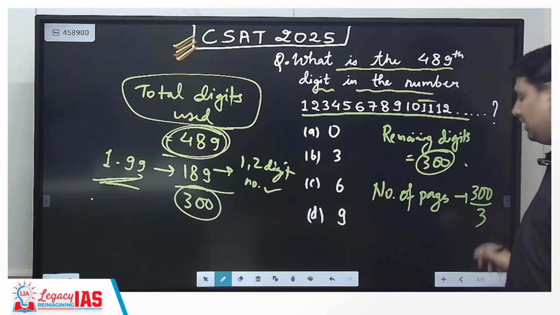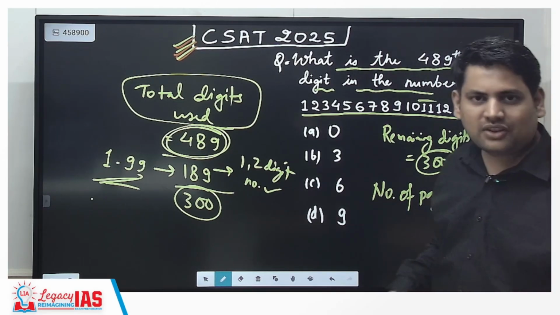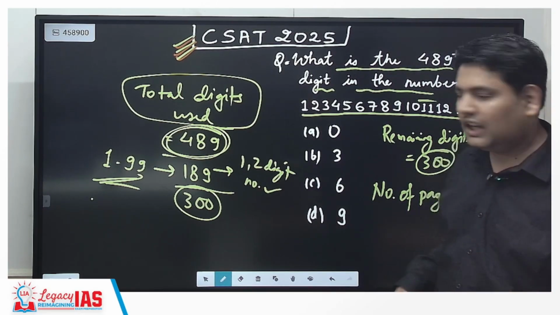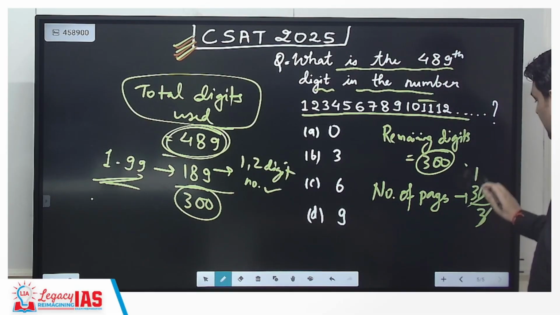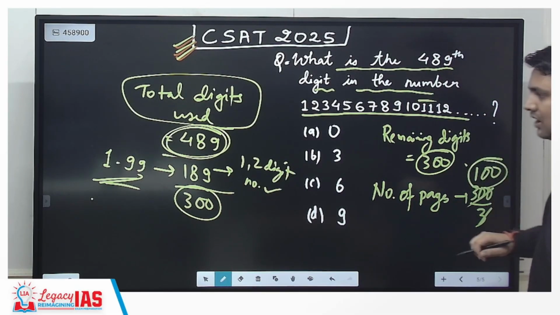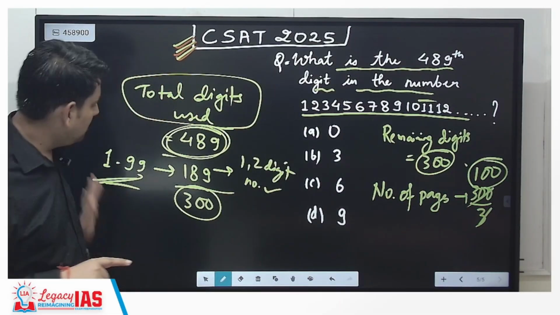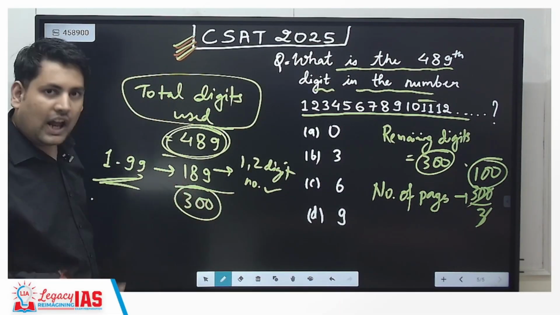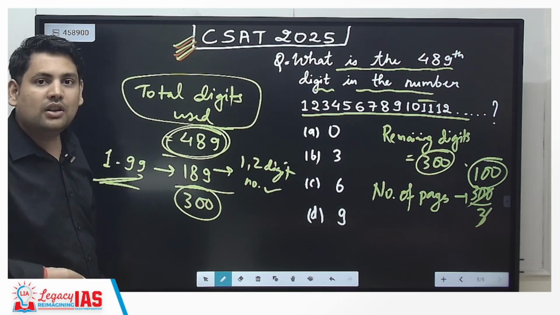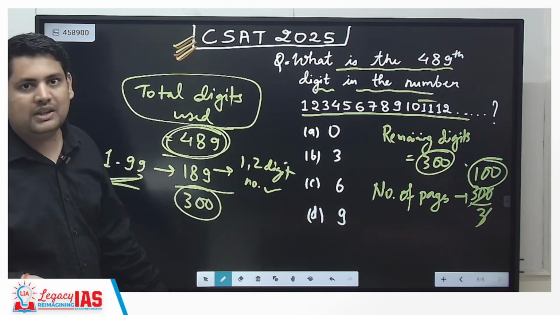So you divide by 3, because every number would be using 3 digits. So divide by 3, what do you get? 100. That means 1 to 99 is already counted, and we have to count 100 pages more.